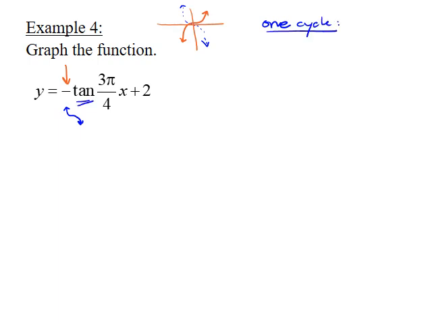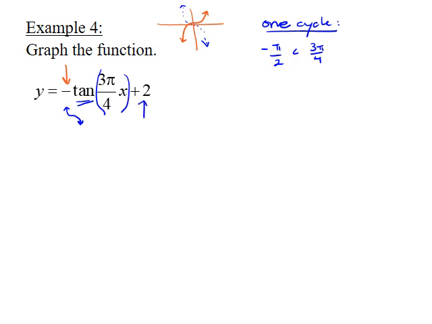Remember, with tangent, we sandwich the argument in between negative pi over 2 and pi over 2. Now, one thing I'd like to point out is we do not have any parentheses here. Since I don't have parentheses here, it is assumed that only 3 pi over 4 x is the argument.